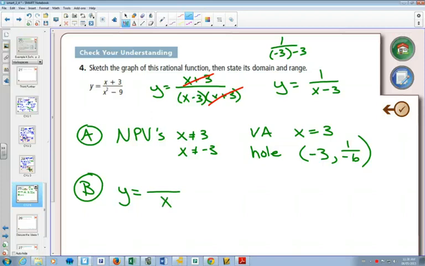And I have one x on the bottom. How many x's do I have on the top? None. What does 0x over x simplify to? Y equals 0 is going to be our horizontal asymptote. Ha! That's how you pronounce horizontal asymptote. You can be really excited about it. I don't know. So we got a horizontal asymptote, we got a vertical asymptote, and we got a hole.